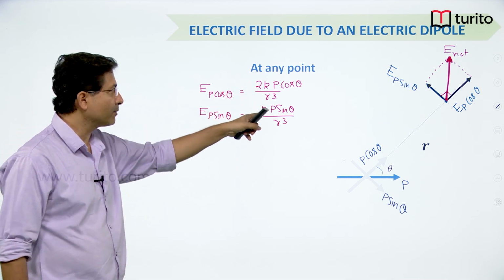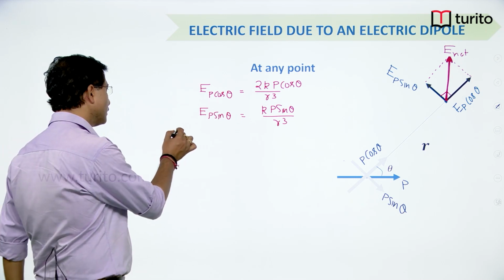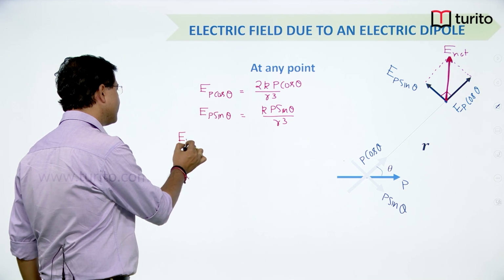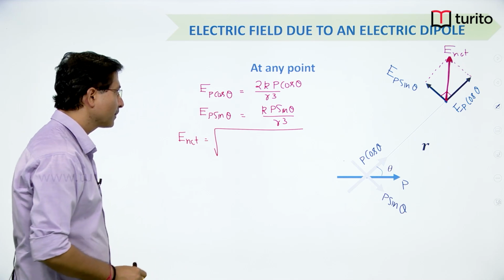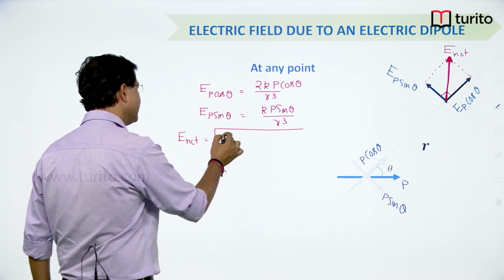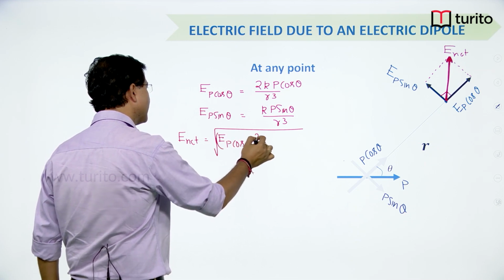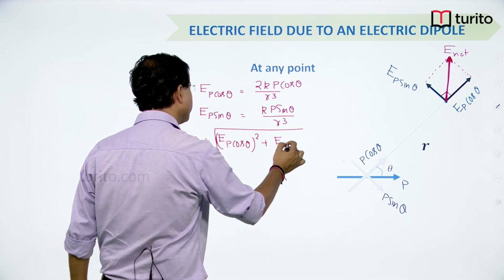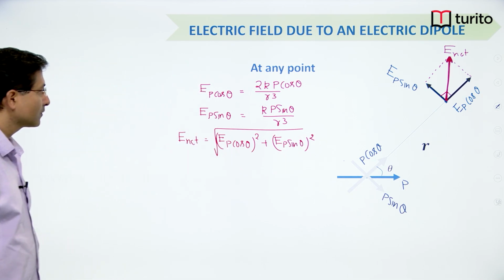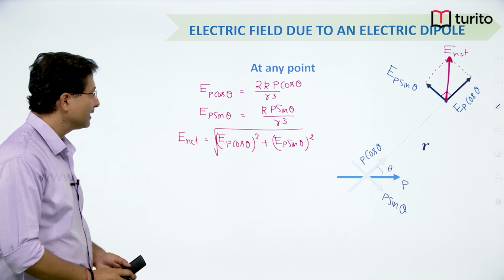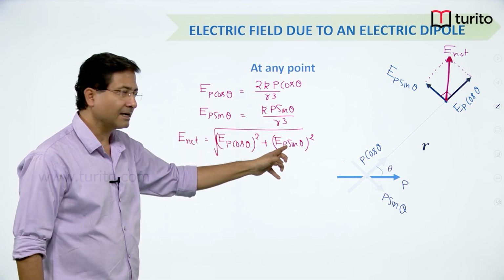Now as these two are making 90 degrees, I can square and add them. So if I want the net field, what I can write is E P cos theta whole square plus E P sin theta whole square. You can see here you will get 4 cos square, and here you will get sin square.